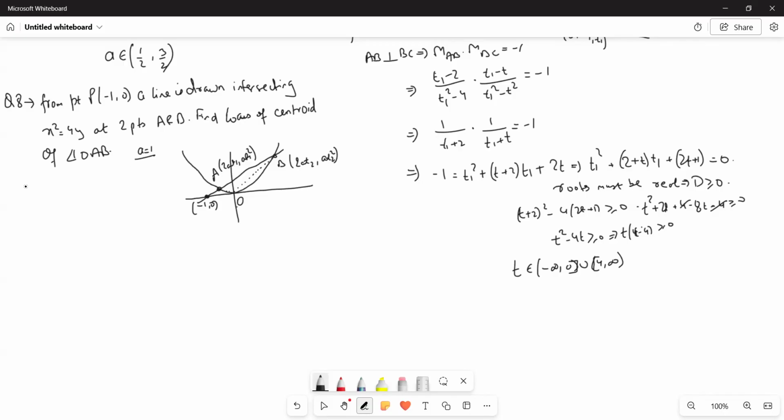Now I have to get a relation between t1 and t2. How do we get a relation between t1 and t2? Since the points P, A, B are collinear, equate the slopes. So t1² − 0 divided by 2t1 + 1 is equal to t2² − 0 divided by 2t2 + 1. In fact, let's do this.